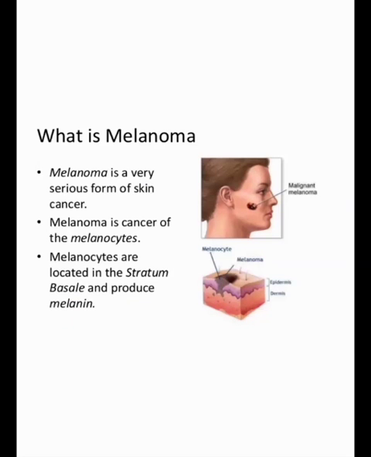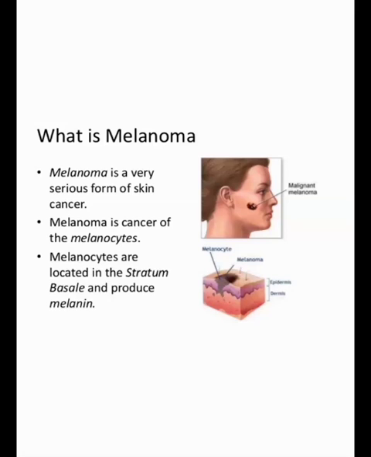Melanoma is a very serious form of skin cancer. Melanoma is the cancer of melanocytes. Melanocytes are located in the stratum basale and produce melanin. So the melanocytes are a pigment, or they give the color to the skin.